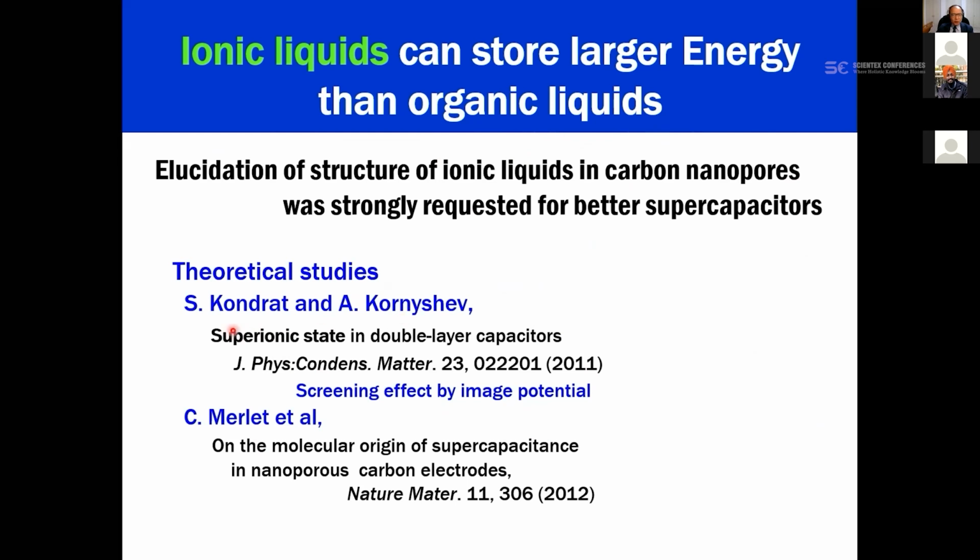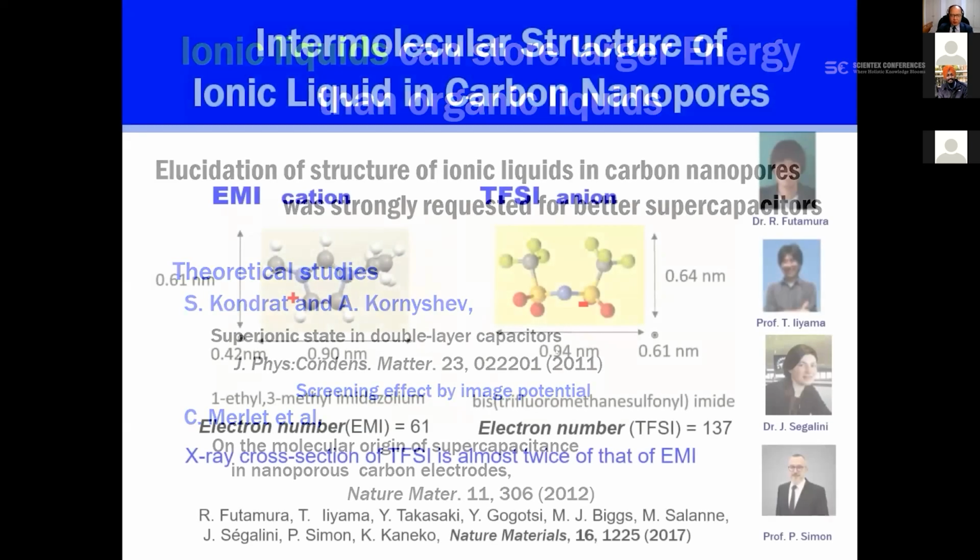For example, Kornyshev and colleagues predict some special superionic states should be present in very small carbon pores to enhance the capacitance. Then we need experimental evidence for such theoretical studies.